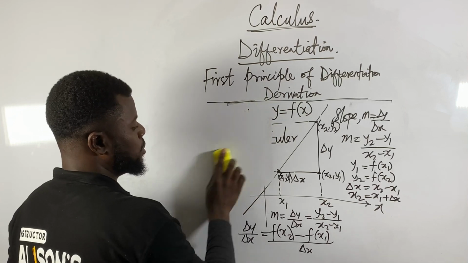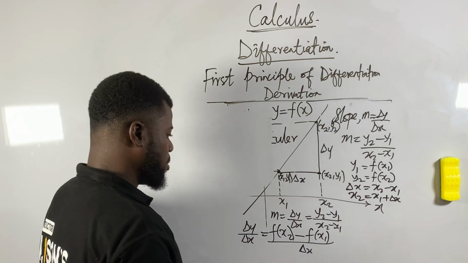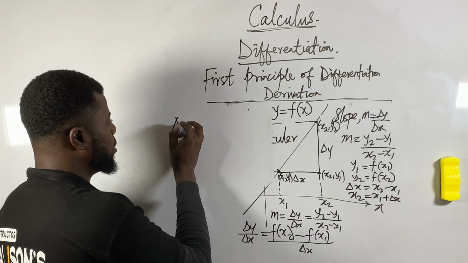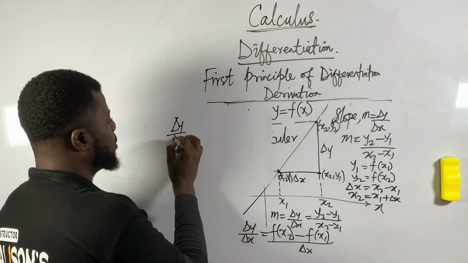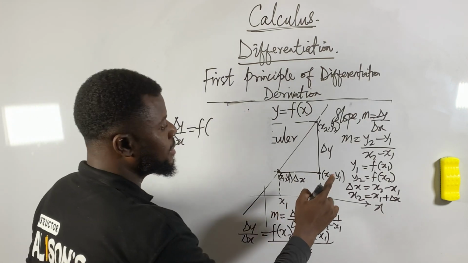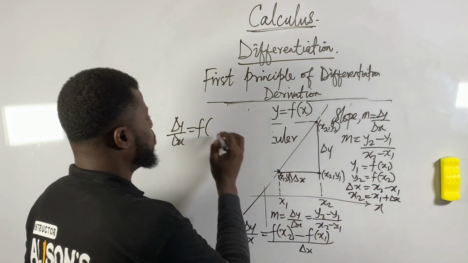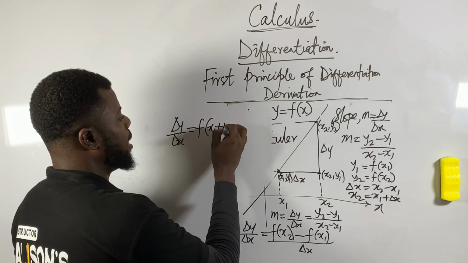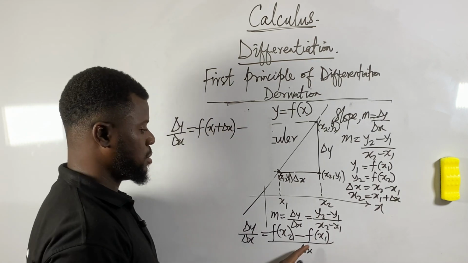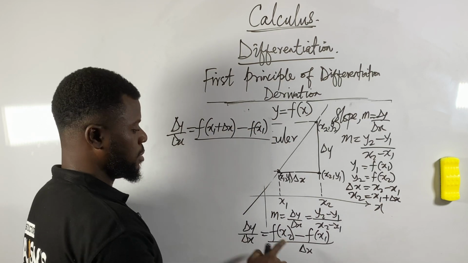So I can get dy over dx equal to function of x2, now x1 plus dx, minus f of x1, over dx.